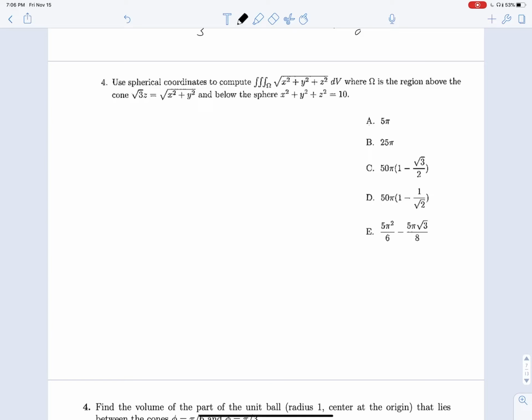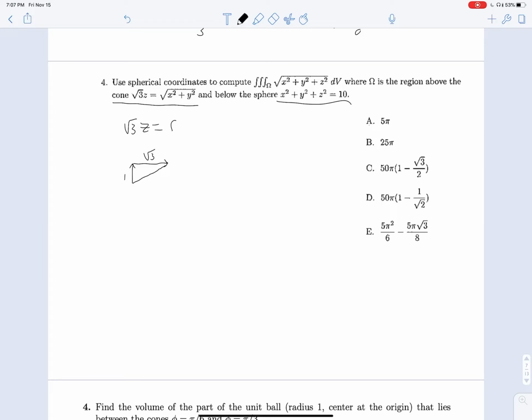So we're dealing with a region above a cone and below a sphere. We can rewrite this cone as root 3 z equals r, which we can think of as for every unit z that we move up, we move over root 3 units.